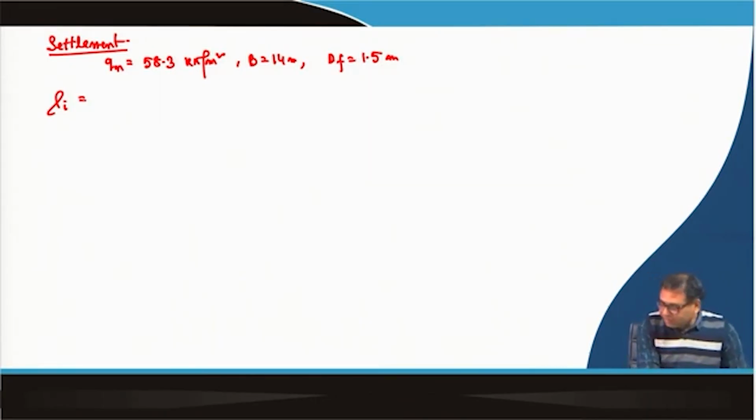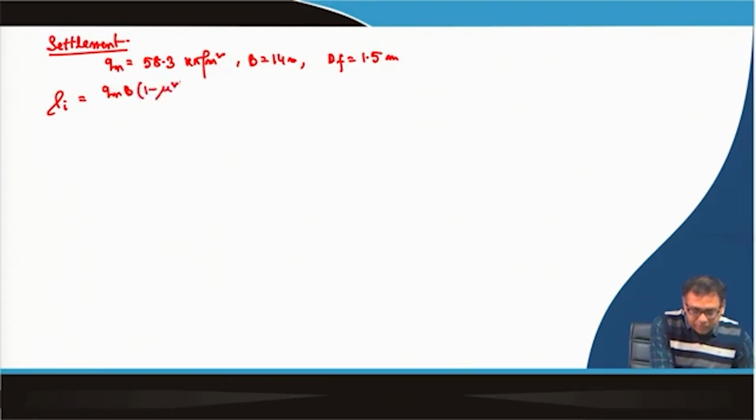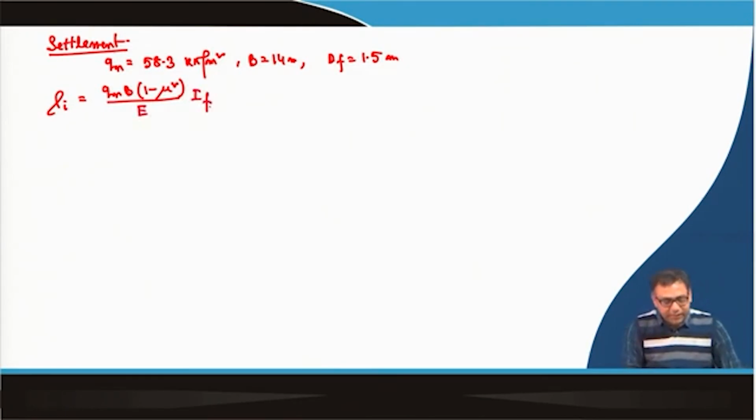For the clay soil, the immediate settlement, which is the elastic settlement, is Q n B (1 minus mu square) divided by E, times I f, the influence factor. Here also, what E value will we consider?